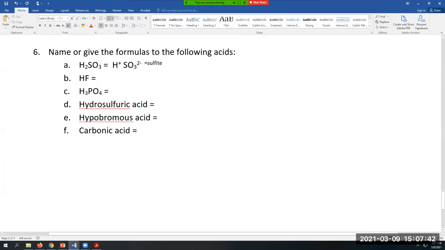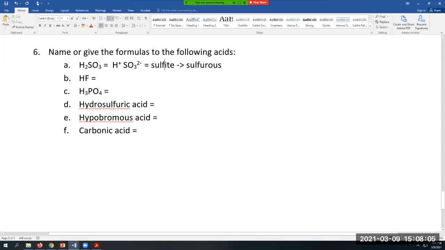When you have the ending -ite for an oxyacid, you change it to -ous. So for sulfite, you go back to sulfur and then add the ending -ous.